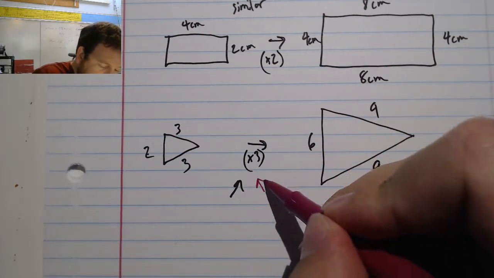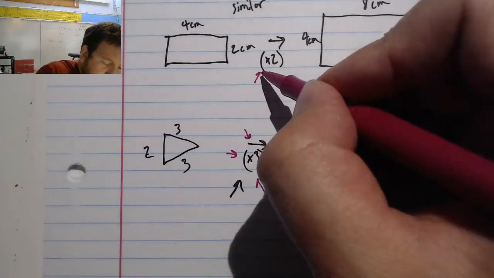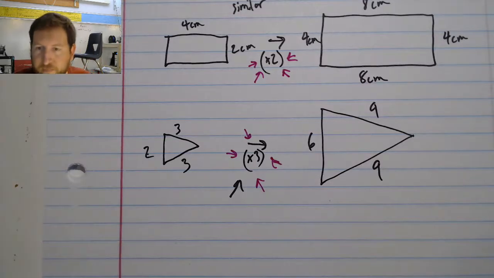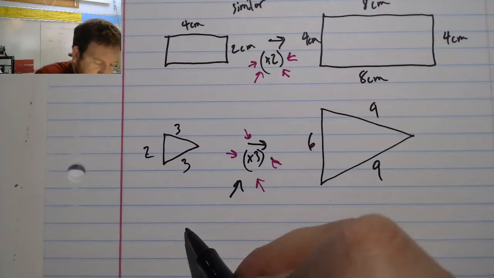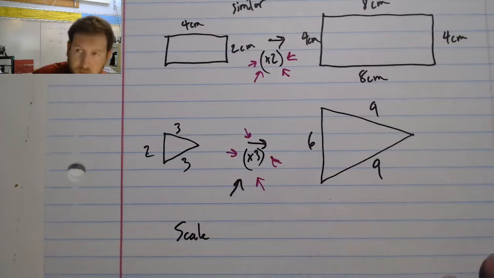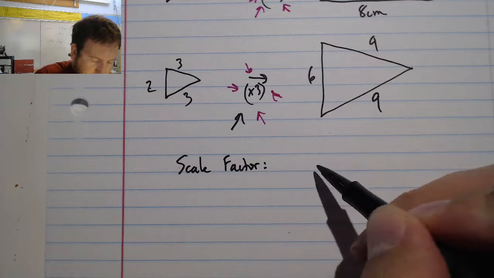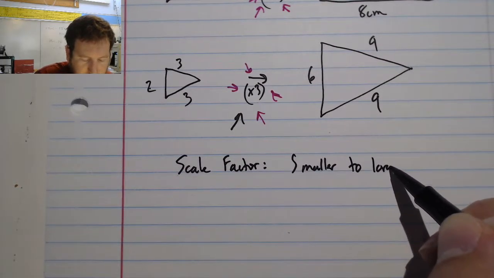That's going to be the key for what we're talking about this time. You're going to be finding the scale factor between two shapes. And typically we use it when we go from smaller to larger.